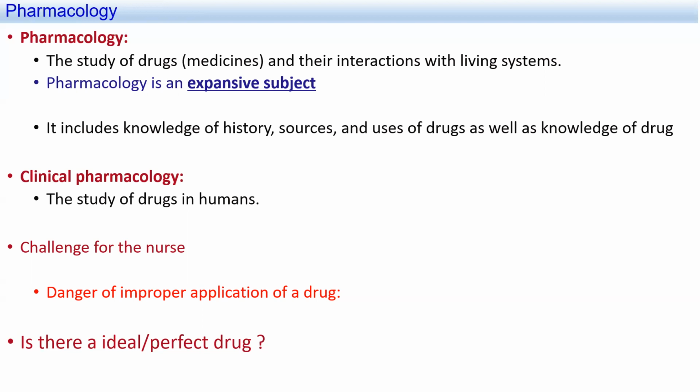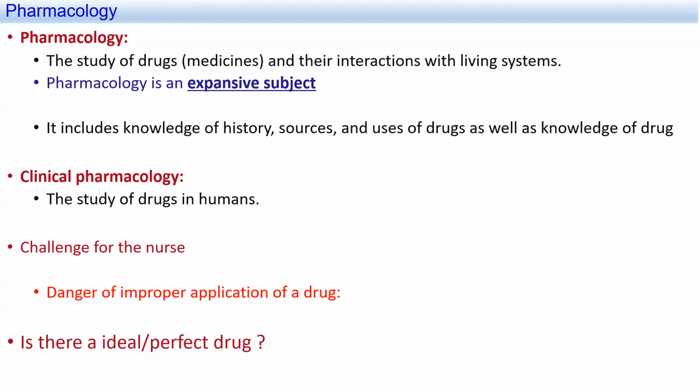Four main steps and phases that the drug will follow: absorption, distribution, metabolism, excretion.